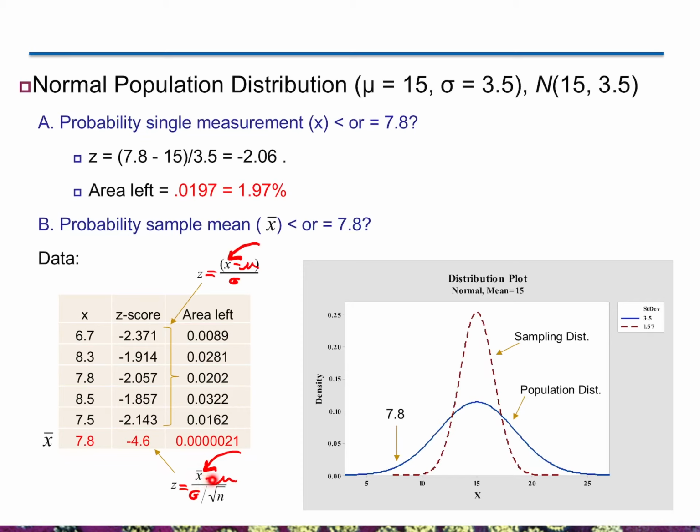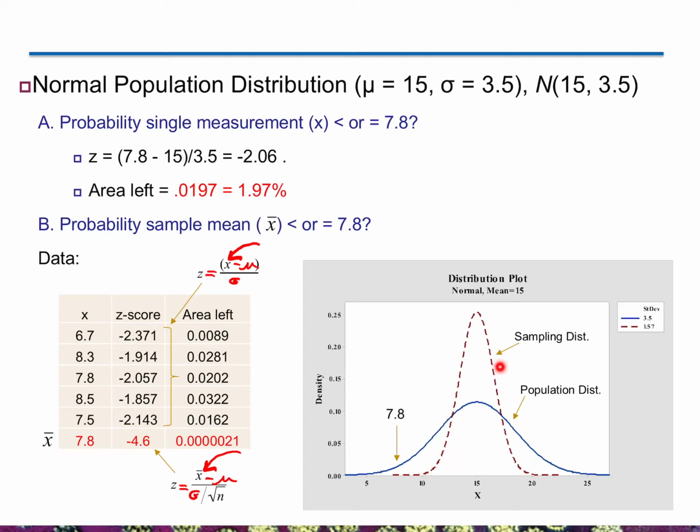Now we take a mean of 7.8 minus the population mean, divided by the population standard deviation of 3.5 over the square root of 5, a sample size of 5. You do that calculation, and you end up with a much higher z-score in terms of absolute value, minus 4.6.